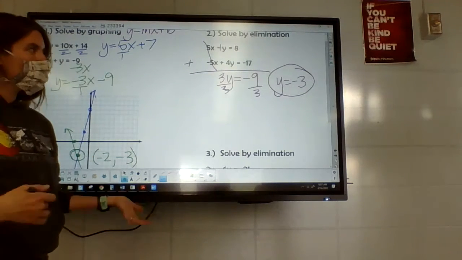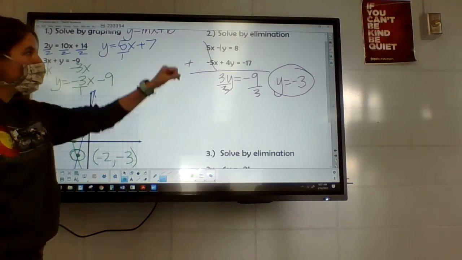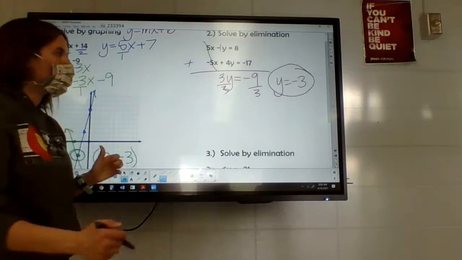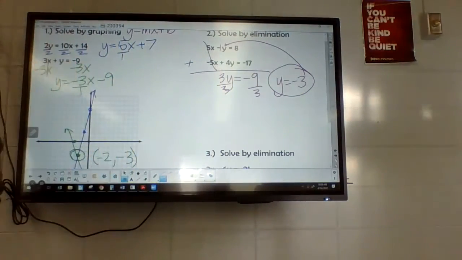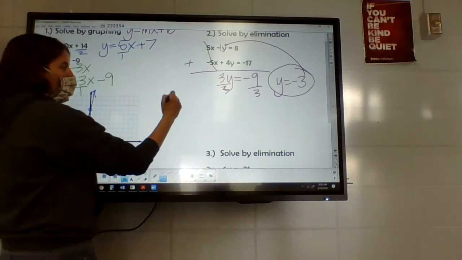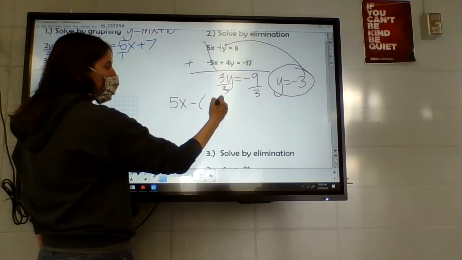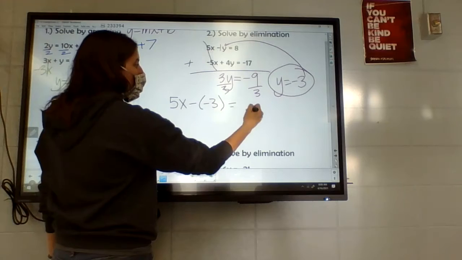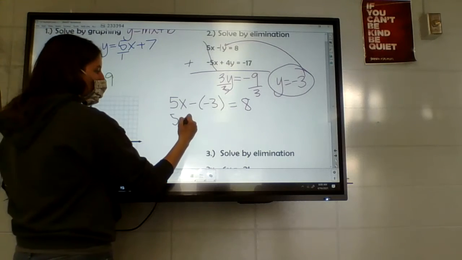I usually try to find the easier of the two equations. This one's probably a tough one because there's that negative y is kind of weird, but this one has more negatives, so I'm going to go up here, but we got to be careful on this one. It's 5x minus y, which is a negative 3, so it's a double negative. Two negatives.